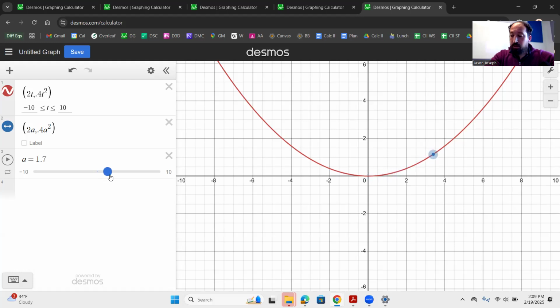And then we wanted to know at what time do we get to x equals 5. It looks like that's going to be at exactly time 2.5. Hitting play, you get to watch the particle move, and this is just a lot of fun.